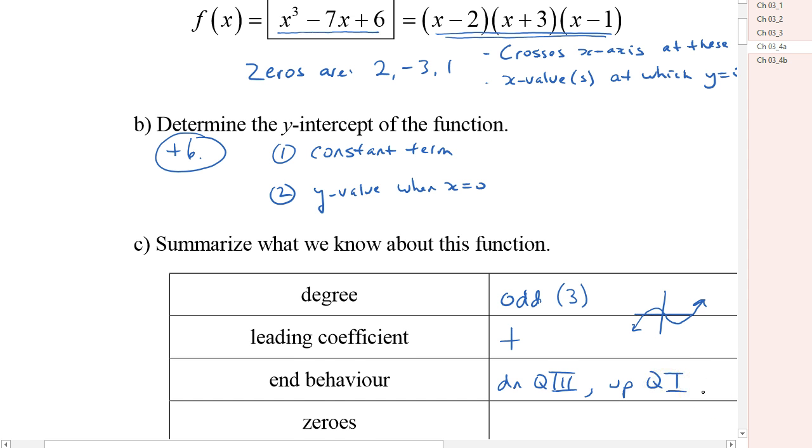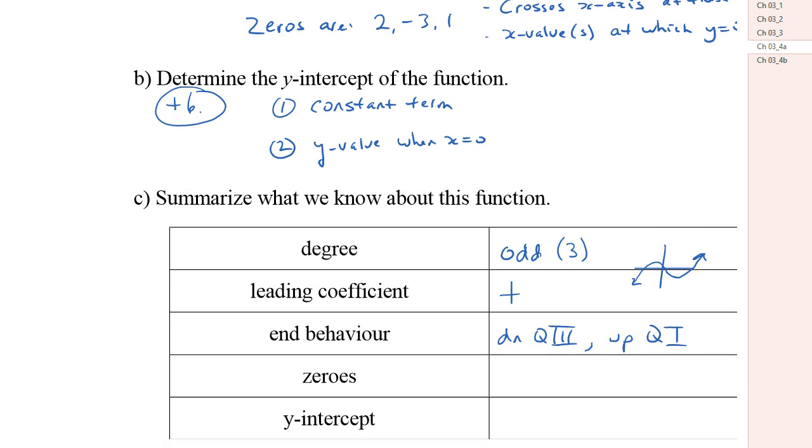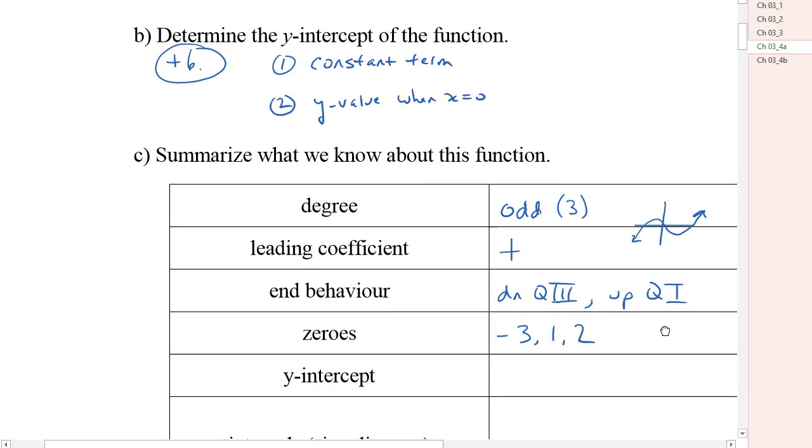The zeros of the function, we already figured that out. I'm going to go from smallest to largest. I will start at -3 and then 1 and then 2. So really I took these values here and I just reordered them so that they are from smallest to greatest. The y-intercept we figured out was +6.